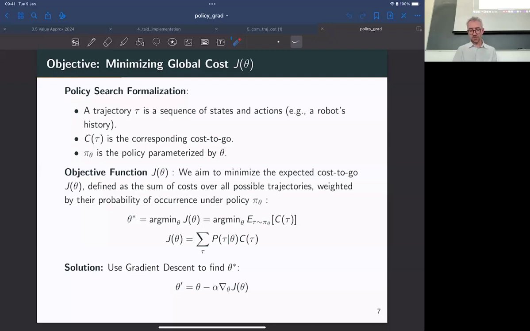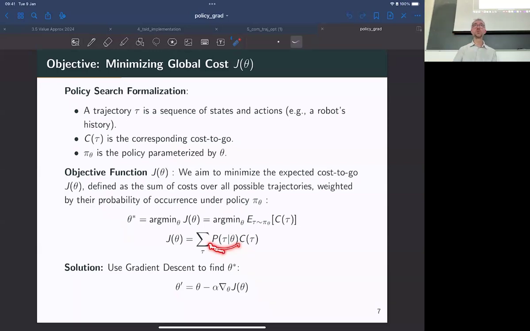Now, here, the problem is that this probability is a complex object to compute, and it's going to depend on the dynamics of the environment, the probability of visiting certain states, certain trajectories. And in general, in reinforcement learning, the assumption is that we don't know the dynamics of the environment.